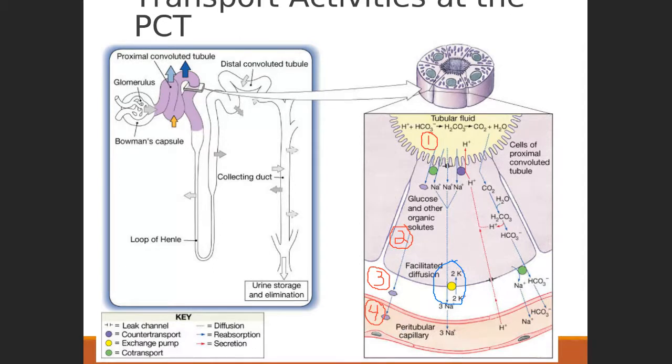Remember, blood entered our afferent arteriole, carrying all that sodium. The sodium leaves the blood at that point and makes its way into the tubular fluid. Remember, we said high concentration of sodium in the tubular fluid. What didn't get filtered at the glomerulus exits the efferent arteriole and ultimately winds up forming our peritubular capillary that surrounds the nephron.